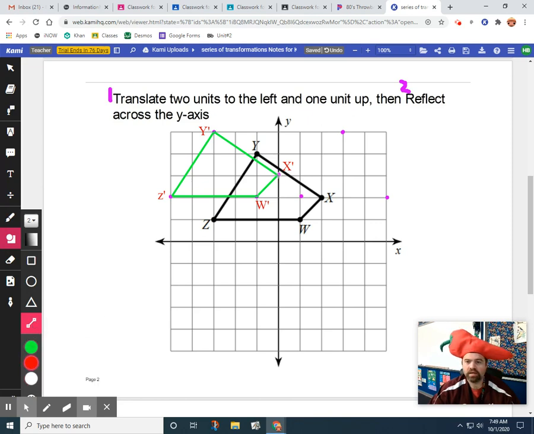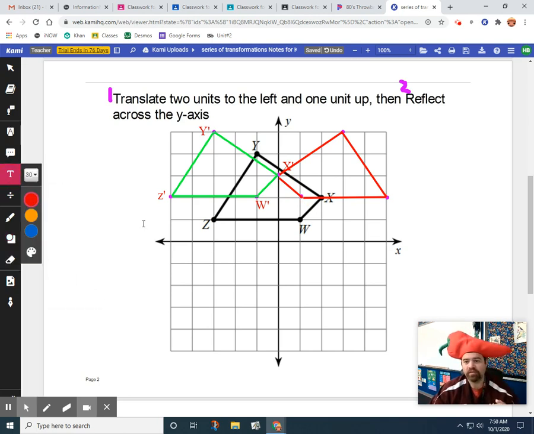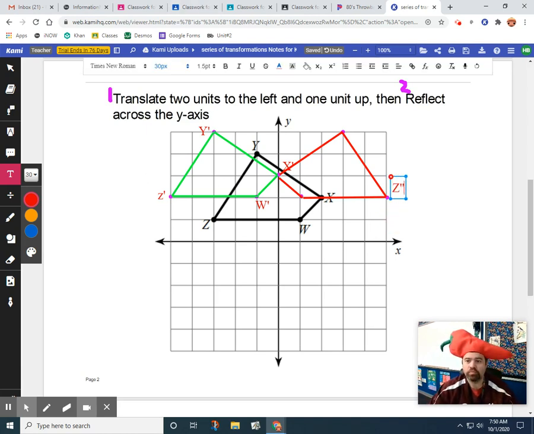Throw my line in here. Okay. So again, when you go back and label these, this one's going to be a little bit different because it's the second new figure. So the way I denote that is I put 2 of the prime markings on it. So I'm going to put a z and 2 apostrophes.